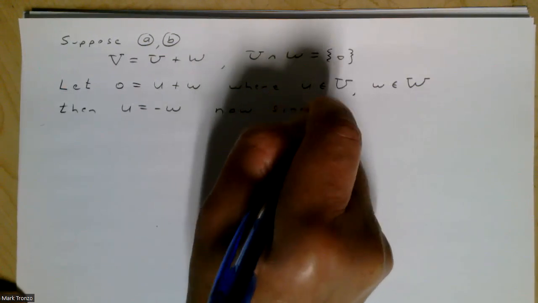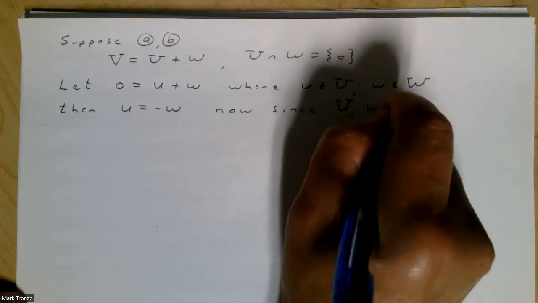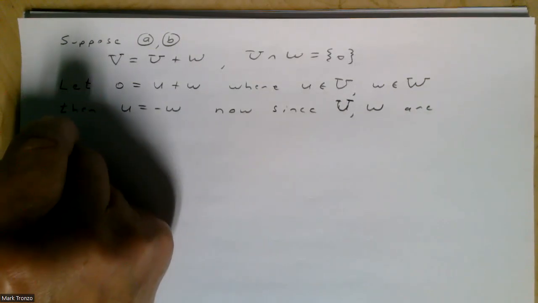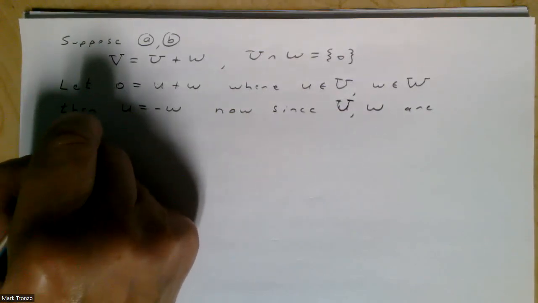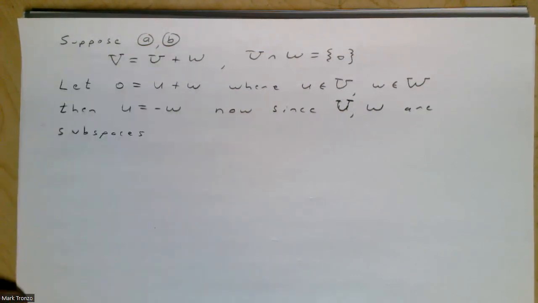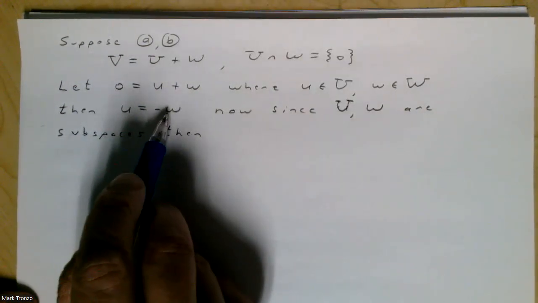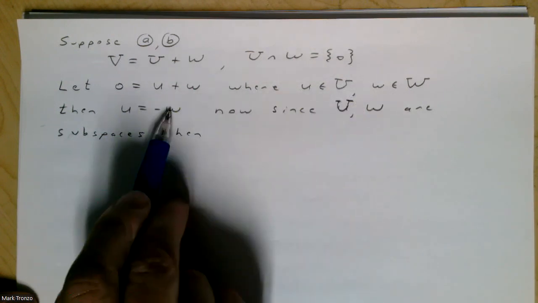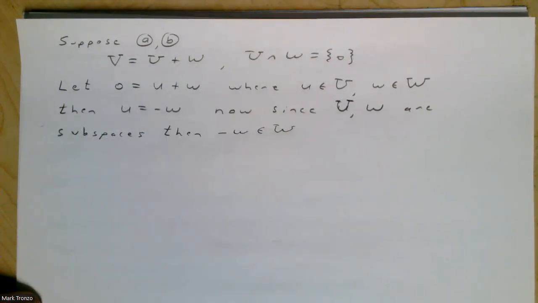Now, since the subspace U and W are subspaces, since w is in W, it's a subspace, its additive inverse is also going to be in W. Like this.